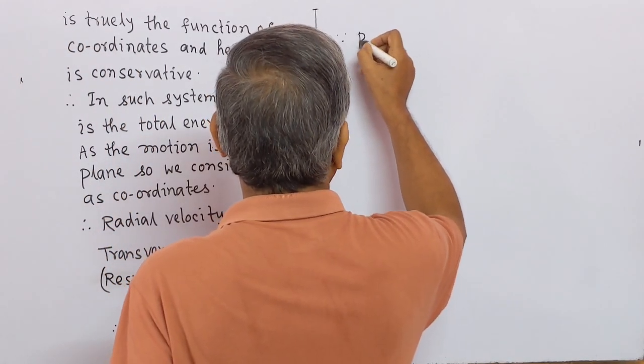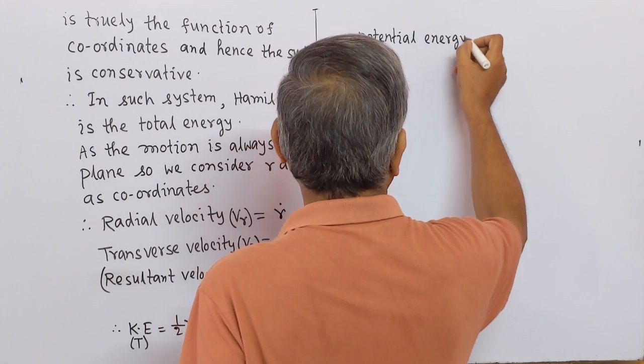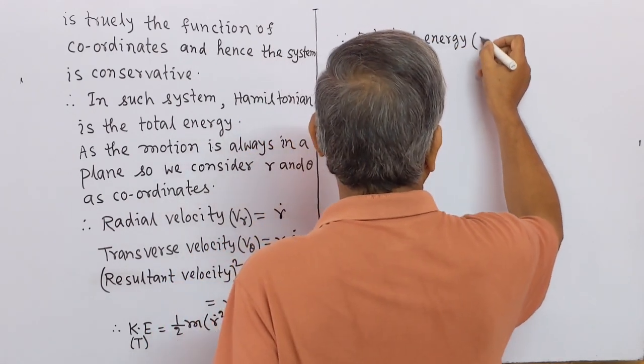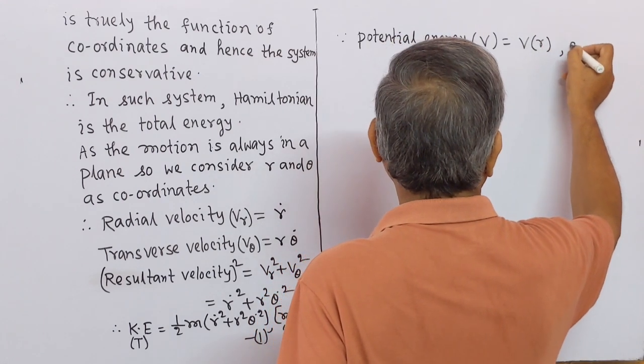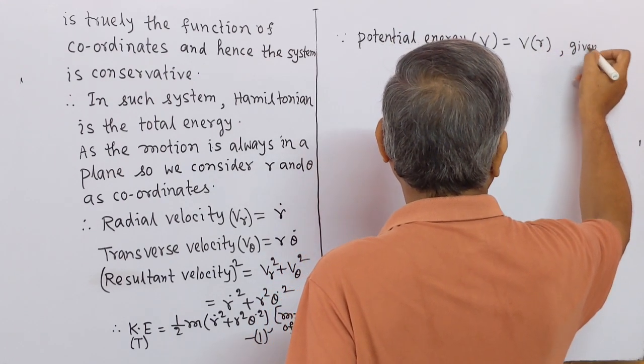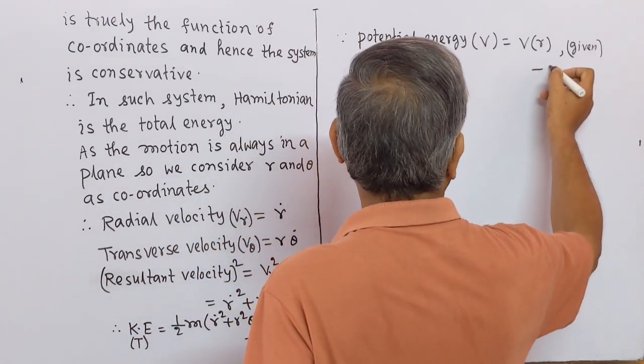Since the potential energy V is a function of r, given, this is number 2.